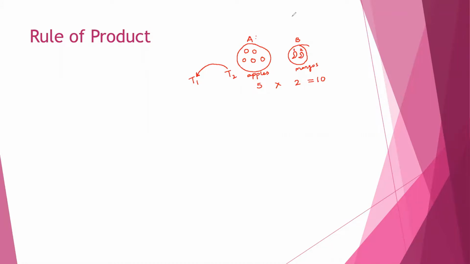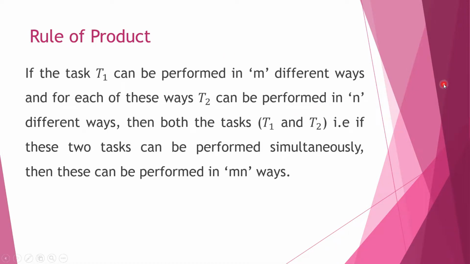First, we'll see the rule, then we will try to understand this concept. So what is the rule of product? Rule of product states that if task T1 can be performed in m different ways, for each of these ways, T2, the other task, can be performed in n different ways. Already T1 is there, and I have m different ways.